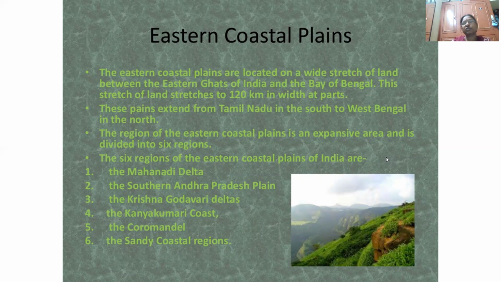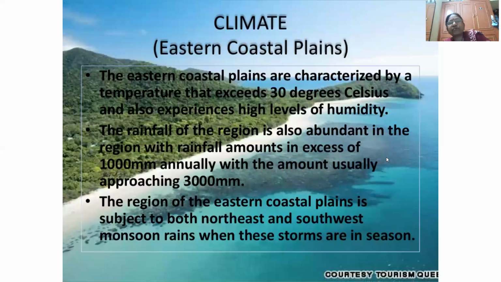And the region of this eastern coastal plain is an expansive area and is divided into 6 regions. The Mahanadi Delta, the southern Andhra Pradesh Delta, the Krishna Godavari Delta, the Kanyakumari coast, the Coromandel coast, the sandy coast. It is easy to distinguish this coastal plain into 2 parts, the Northern Circars and the Coromandel coast.